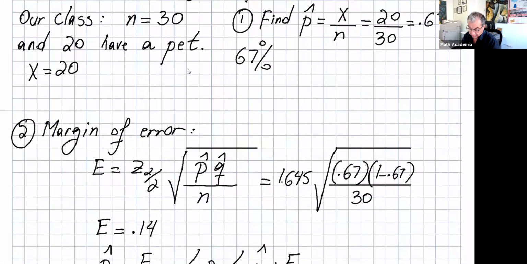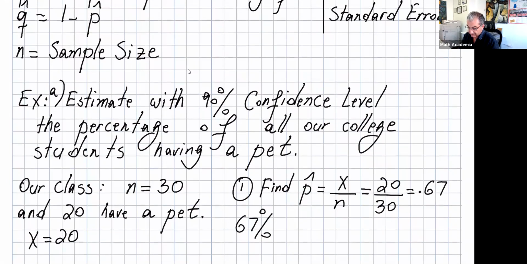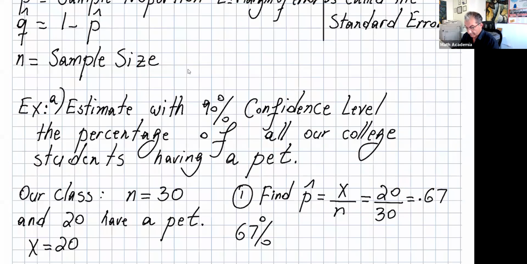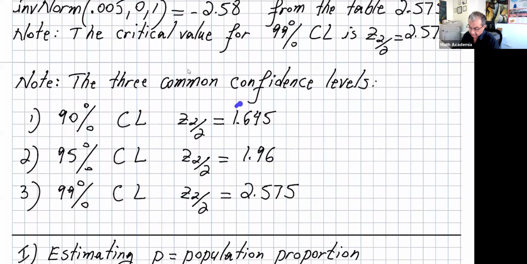So step number 2, we have to calculate the margin of error. The margin of error, we said, is Z alpha over 2 times square root of p hat q hat over n. What I said was 90% confidence level. So if you remember it, use it: Z alpha over 2 is 1.645.